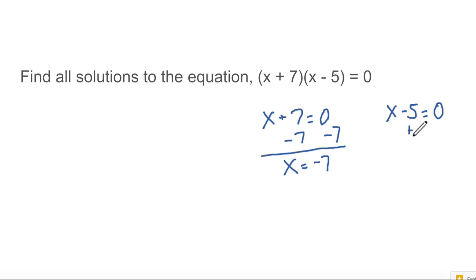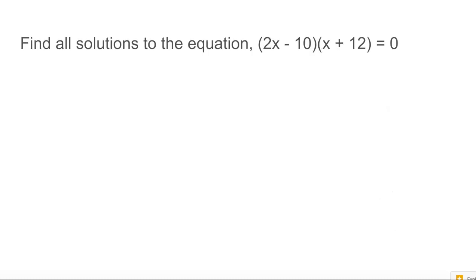Now we can just add 5 to both sides of the equation. Watch the equal sign there. Add 5 to both sides. Those cancel each other out on the left, and we just get x equals 5. So those are our two solutions. Again, we could write this in set form as -7, 5 is the solution set.